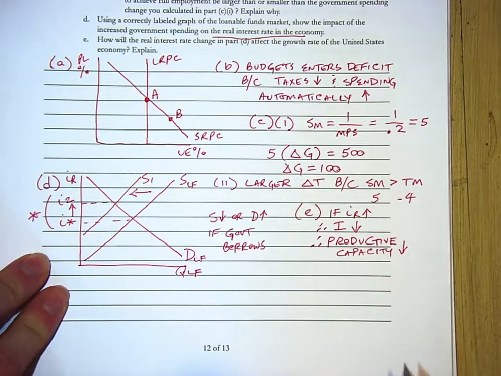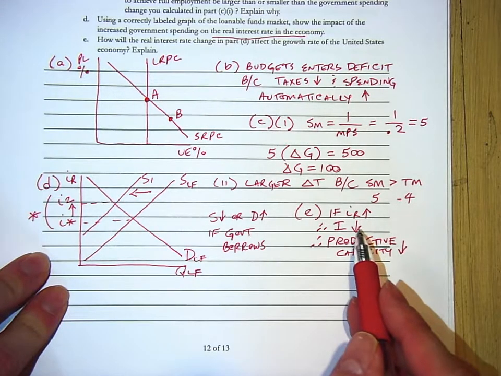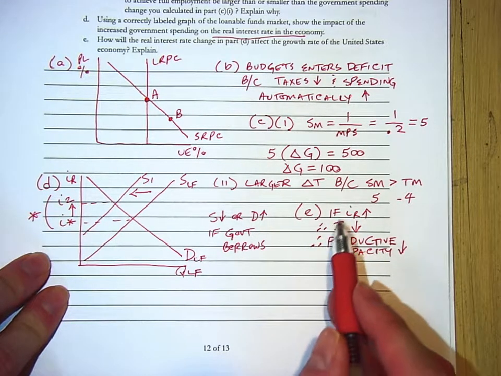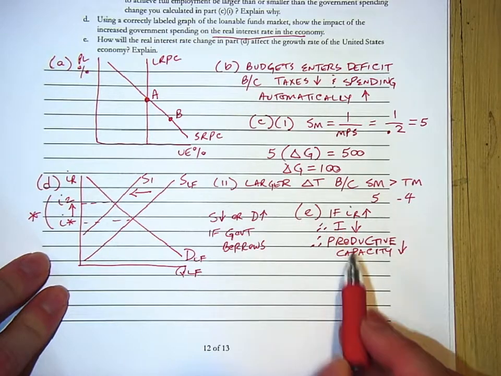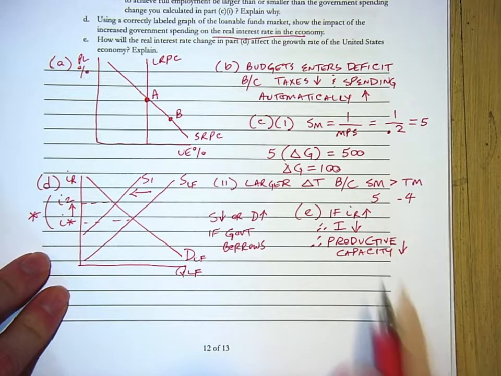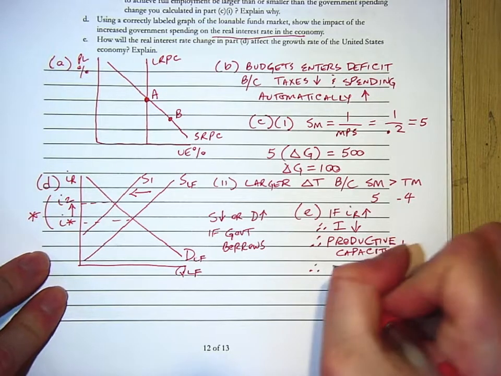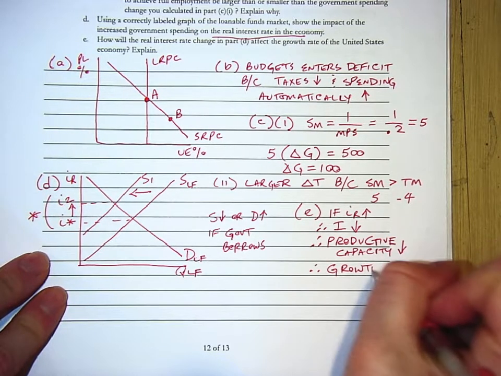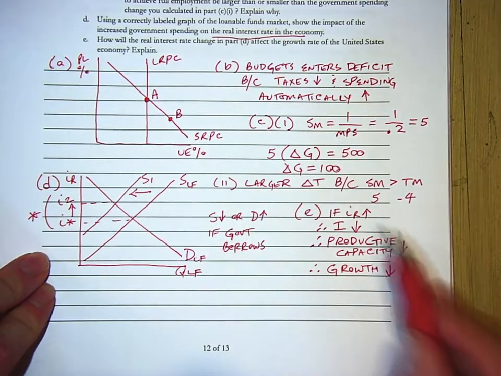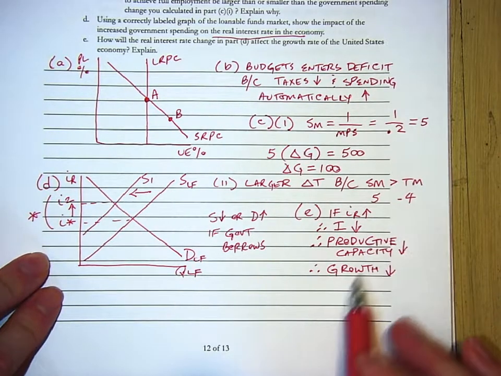And that's an important link here. This is spending on capital goods, equipment, machines, the tools you need to produce. And then the productive capacity of the economy therefore decreases. So we would say growth decreases. So this is an important chain of links. You're going to see that question over and over again.